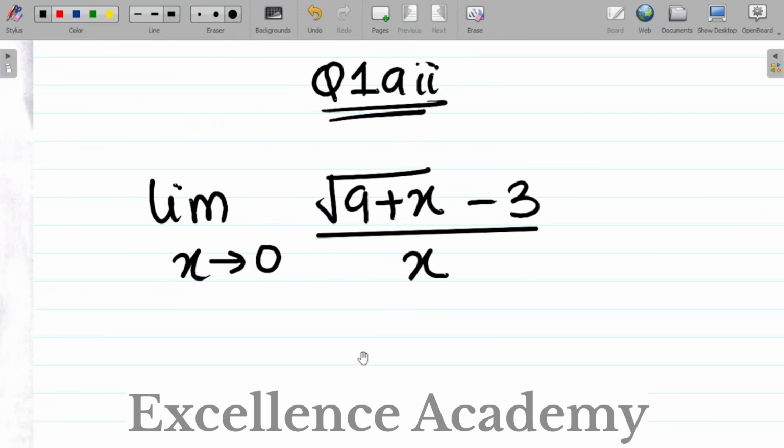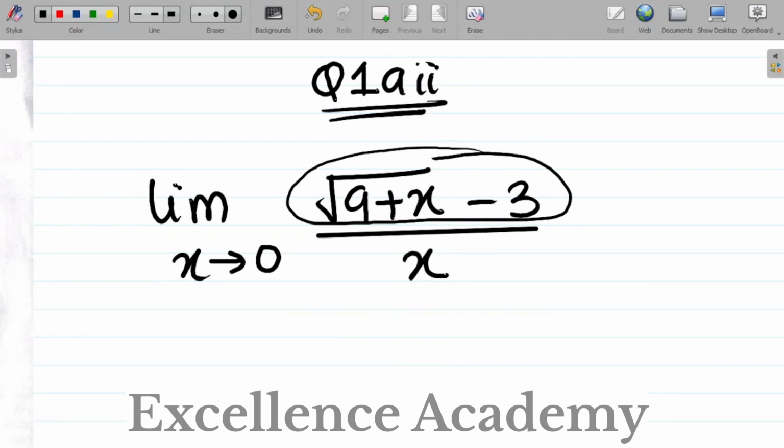One of the things to note is that whenever you have to take the limit of a term that involves a square root in this form, what you have to do is look for the conjugate of that particular term. By that, I mean you look for the conjugate of the numerator, which is this.